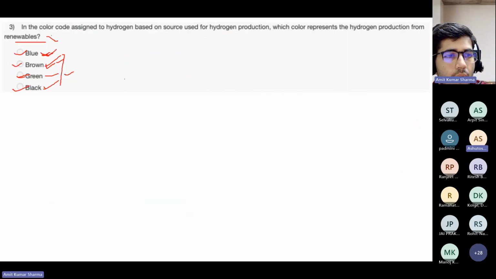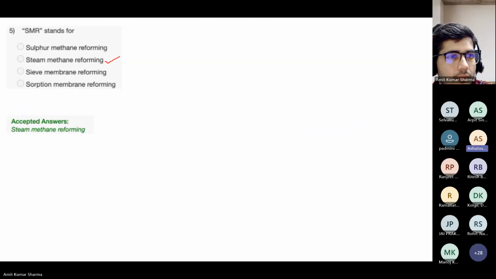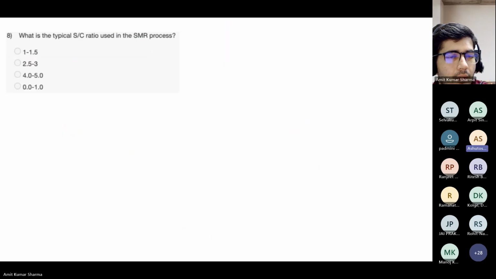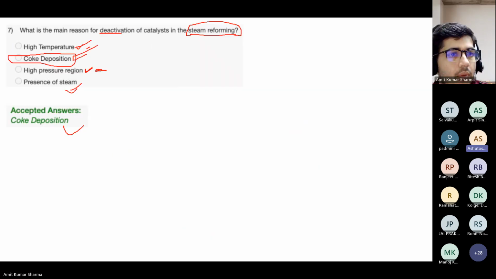So what was the question? The question was, in case the deposition happens, what should we do? If deposition happens and it is not of much scale, then if you supply some more steam, that carbon will react with the steam and the gasification reaction will occur.